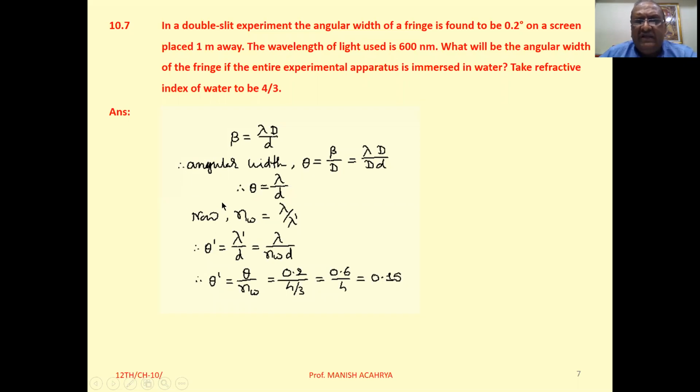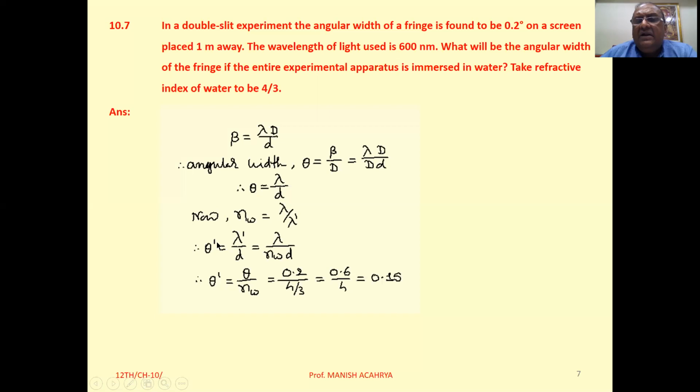Now see the position of the fringe on the screen that we give by x or beta, that is lambda D by d. So we can write the angular width that is beta by capital D, or directly if we write the equation, the angular width theta that is equal to lambda by d, then also no problem.